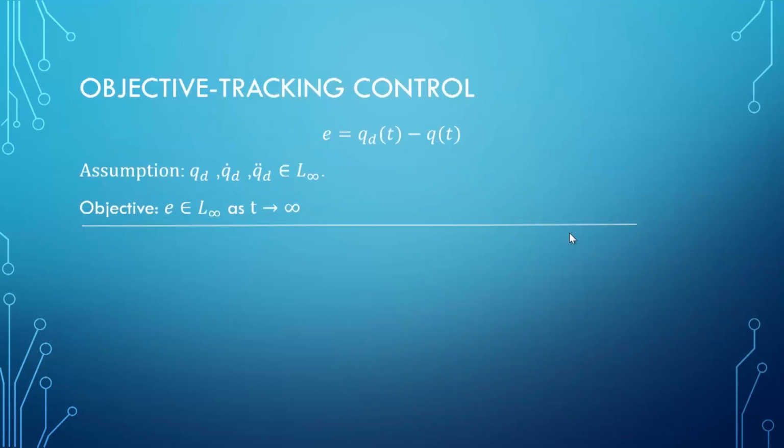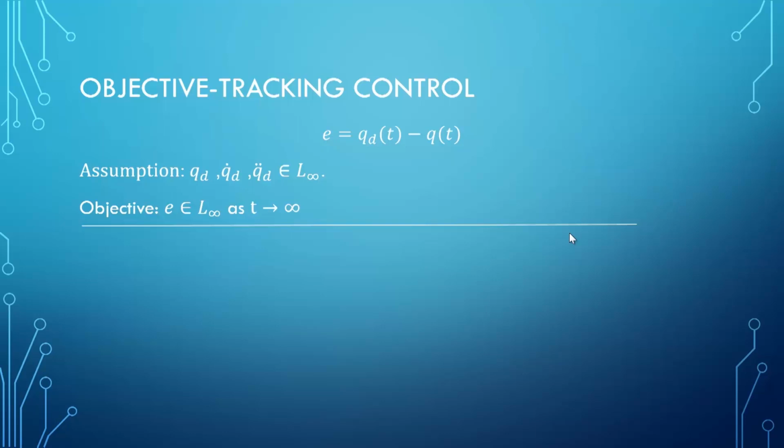So how will you design a controller? First, let's repeat. The objective is to do tracking control, okay? We want the joint or the state q to track a desired trajectory qd, with qd dot and qd double dot.